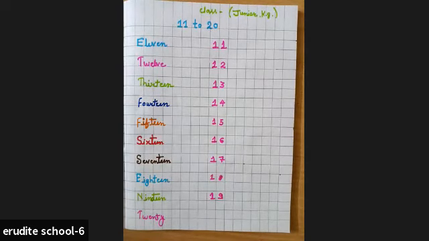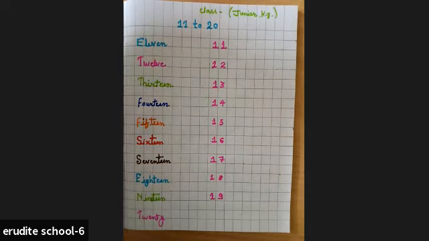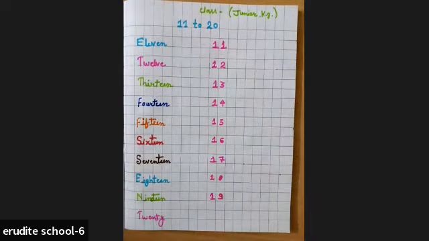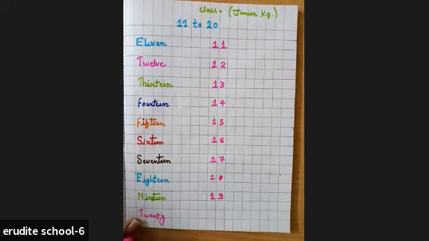Spelling of 19, beta. Everyone speak with me. N I N E T E E N. 19. Okay. 1, 9, 19. Okay. And now next.